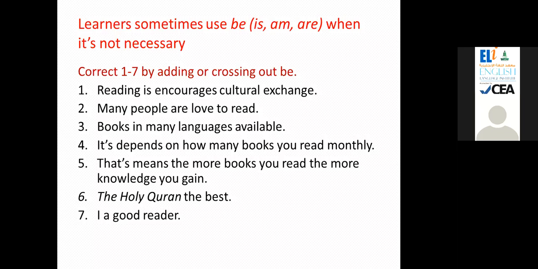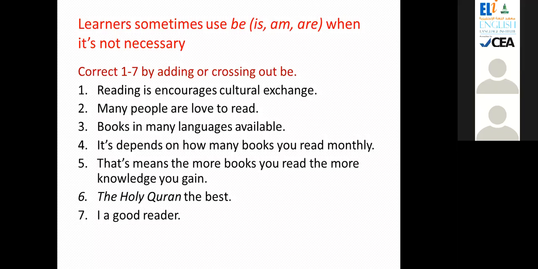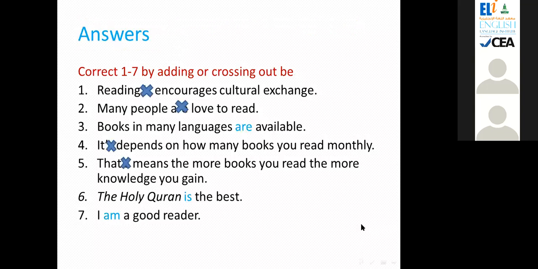So what do you think about the remaining? Number 4, it's most common. And number 5. Number 6, okay, great. Number 7. Okay, so this is the correction. We choose one verb instead of using verb to be with other verbs.